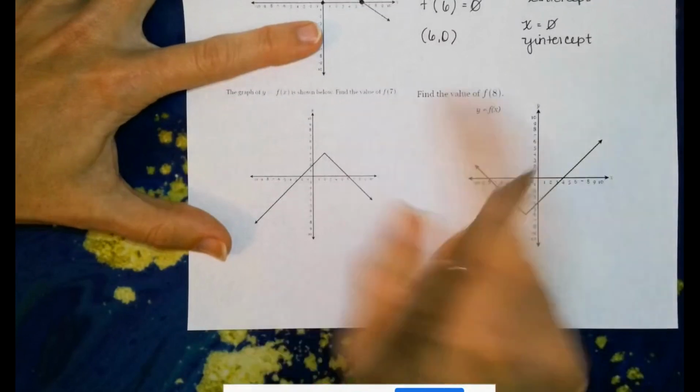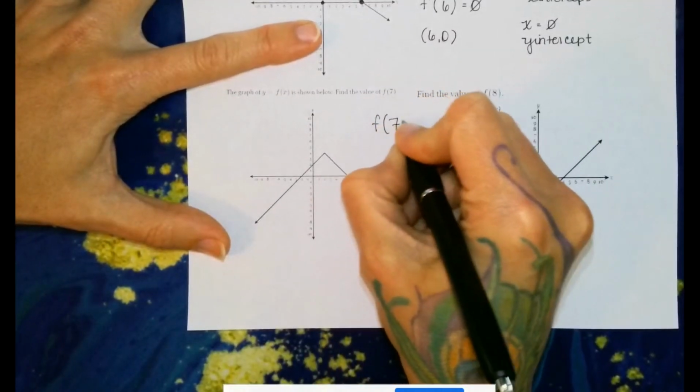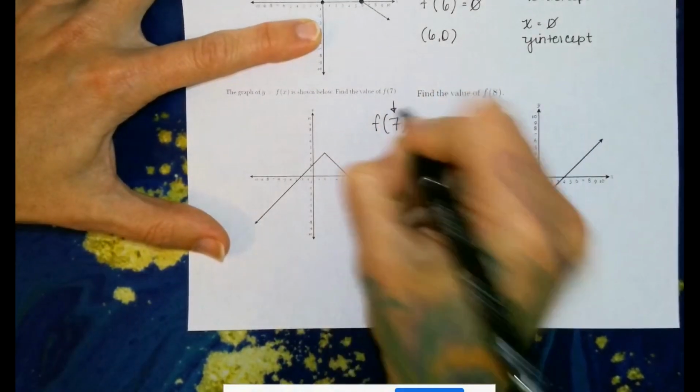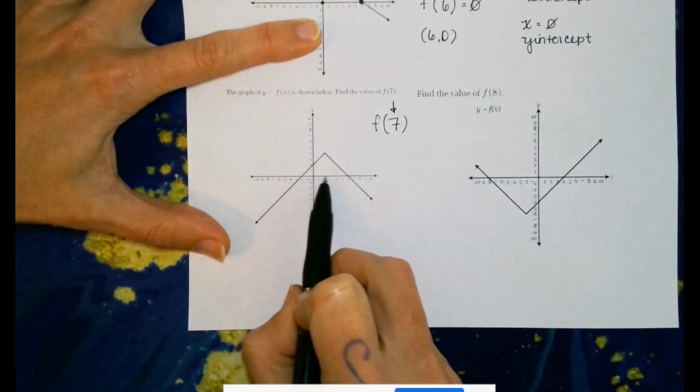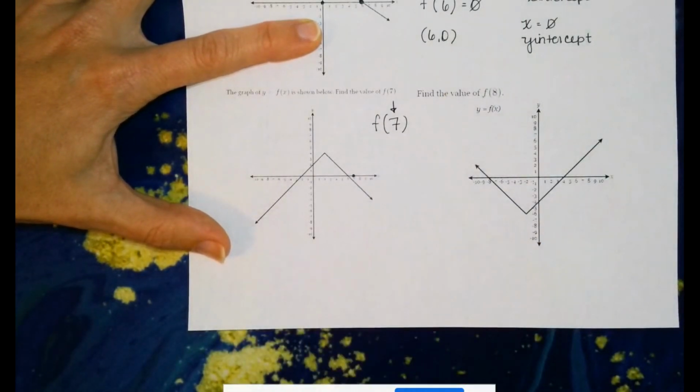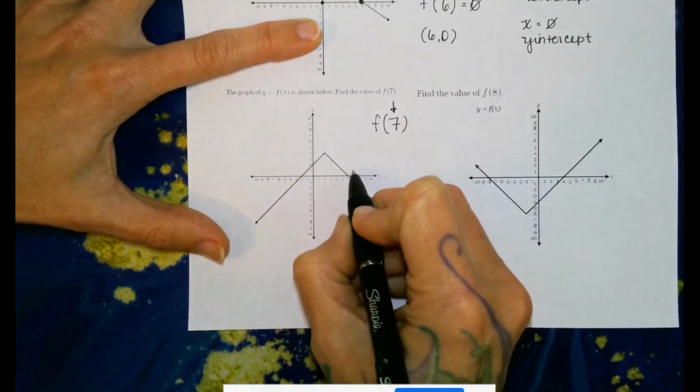All right, so this one says f of 7. Is that 7 the x value or the y value? X value, right? Because it's inside the parentheses. So we're going to go over on the line and go look for when x is 7, which is here. And then go find my function, which is below it.